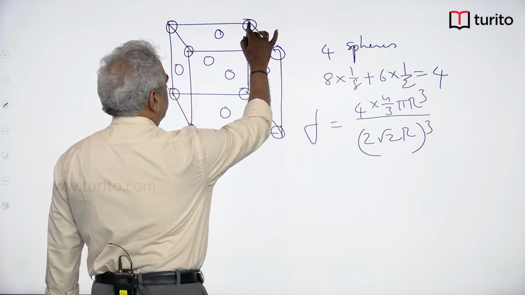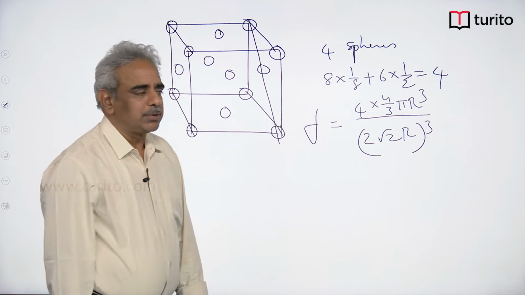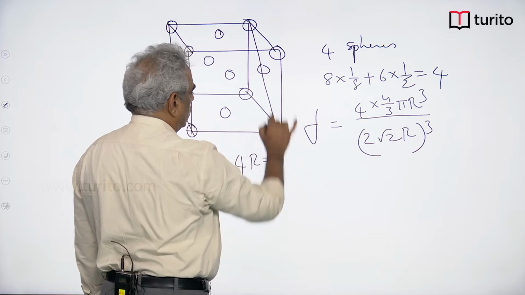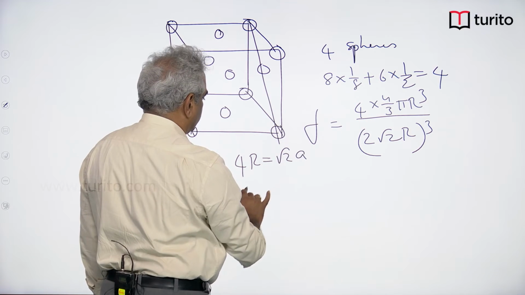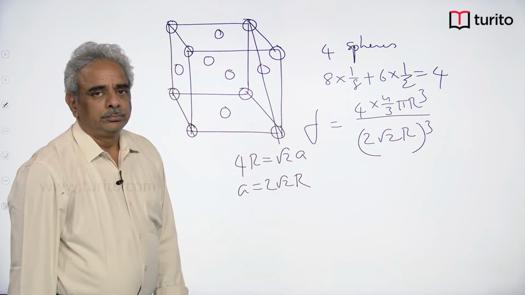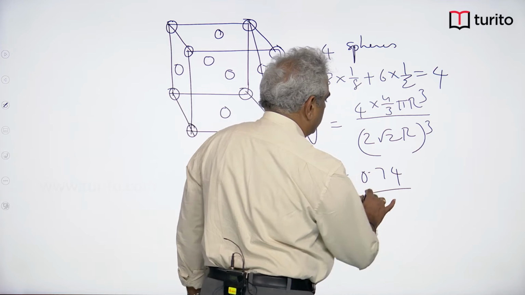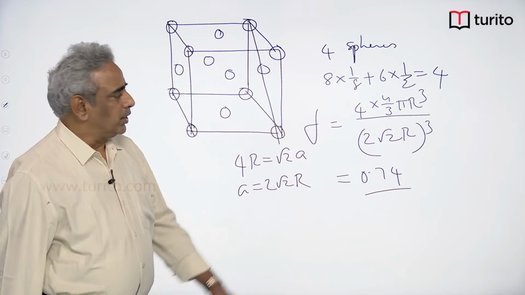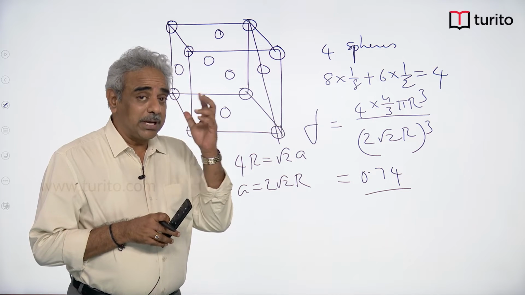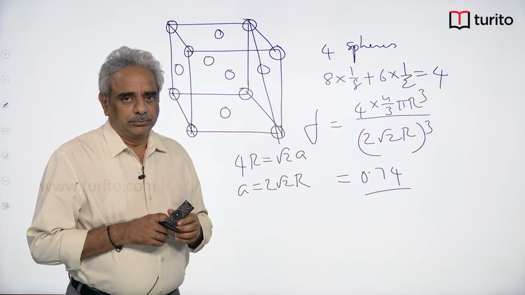I think you all remember that this face center atom is in contact with both corner atoms. So, 4 r makes root 2 a. Therefore, a is equal to 2 root 2 r. So, if you work out this, you are going to get 0.74. This I have already done. So, 74% occupancy is there in this face centered cubic lattice, which is a representative of ABC variety of arrangement.